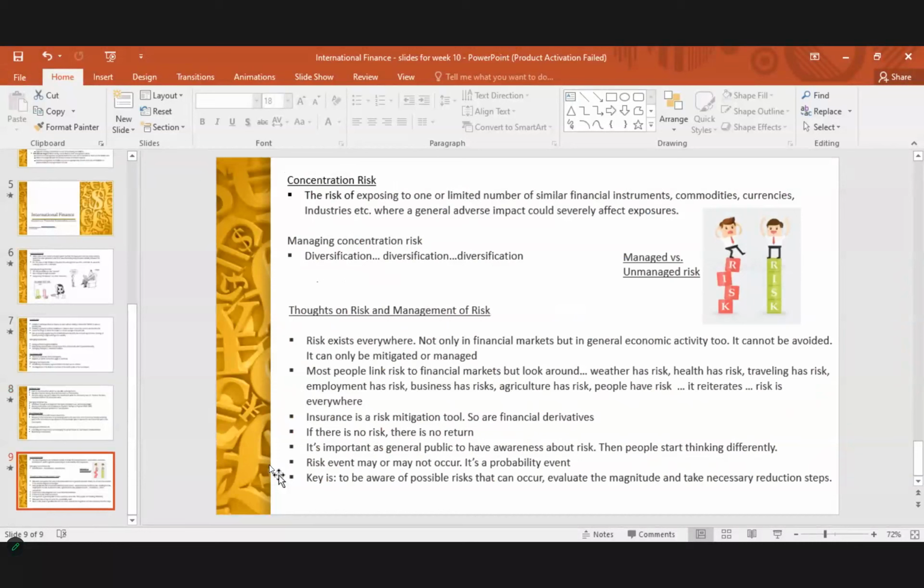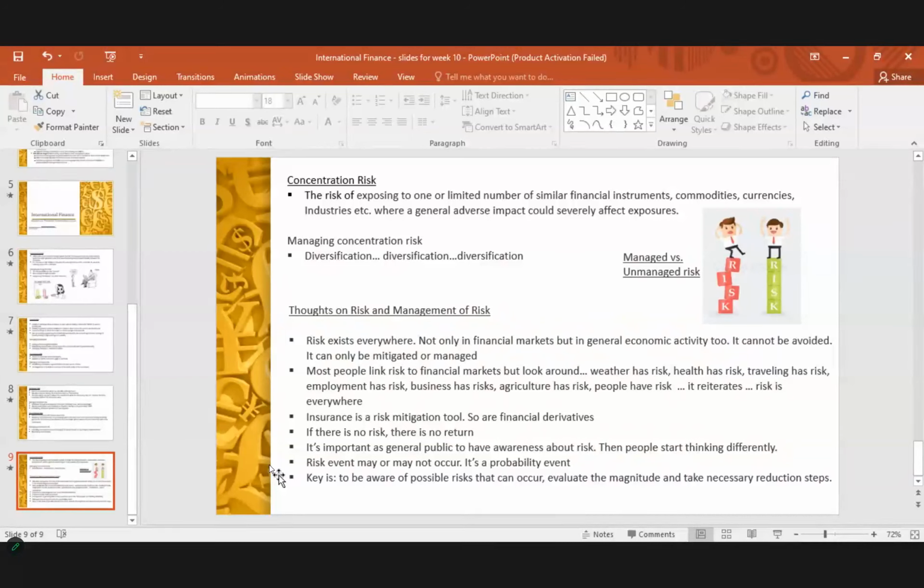Then another risk is concentration risk. If all your eggs are in one basket, when the basket falls, all the eggs are broken. But if you had 10 eggs in 10 different baskets and only one dropped, you lose only one egg.